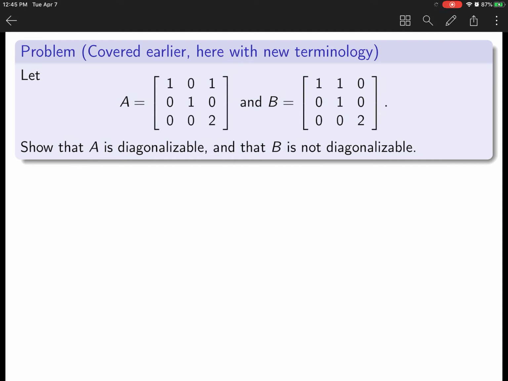Here we go. Two matrices. One of them is diagonalizable. The other one is not.